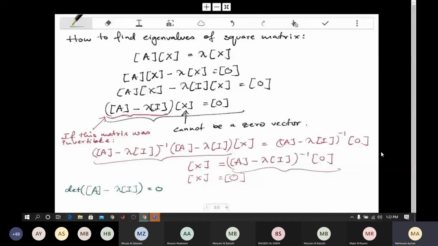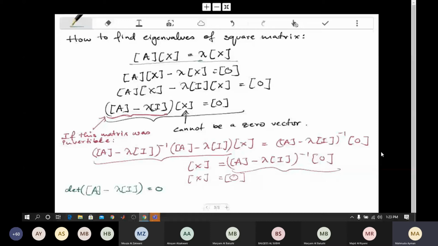So again, how to find out eigenvalues of a square matrix? We took our condition here that we need to fulfill to find out eigenvalues and eigenvectors, and then we did some swaps. And then we are saying that the x cannot be 0, and this matrix here, A minus lambda I, is not invertible.